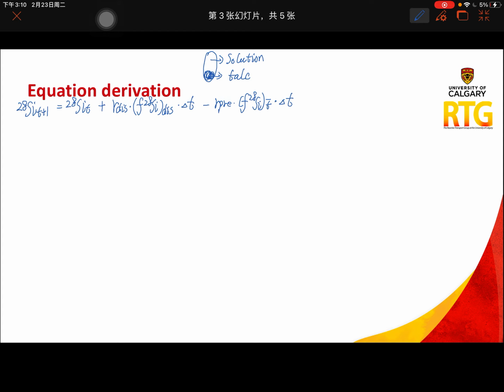And we can simplify this equation 1 as follows. The 28 silicate at t plus 1 minus 28 silicate at time t over delta t can be simplified as d28 silicate over dt equals the dissolution of 28 minus the precipitation of 28.